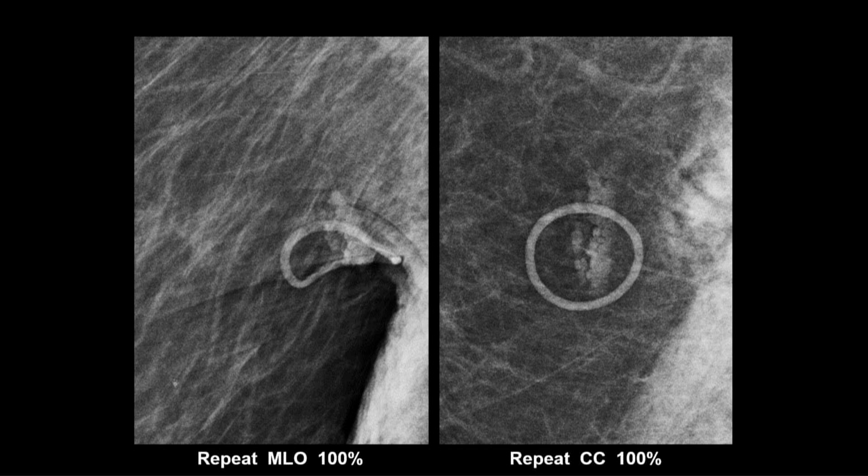But yes, if you have tomo, you should be using it at screening, and you should try to get it on all your machines. The sooner the better. I realize you don't want to get rid of a perfectly good machine until it wears out, but when you replace it, replace it with a tomo unit. Okay, that was a simple case where the technologist could have helped.